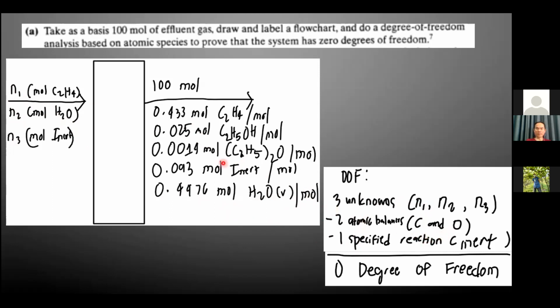As you can see here, there are three chemical elements that are involved: carbon, hydrogen, and oxygen.